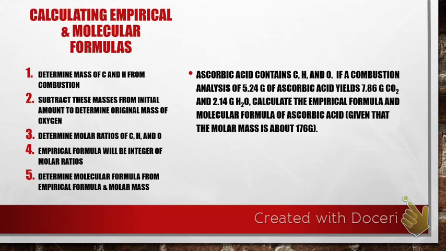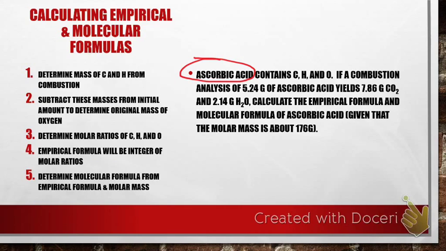You're told that ascorbic acid, which is vitamin C, by the way, contains only carbon, hydrogen, and oxygen. If a combustion analysis of 5.24 grams of ascorbic acid yields 7.86 grams of carbon dioxide and 2.14 grams of water, you need to calculate the empirical formula and molecular formula of ascorbic acid.